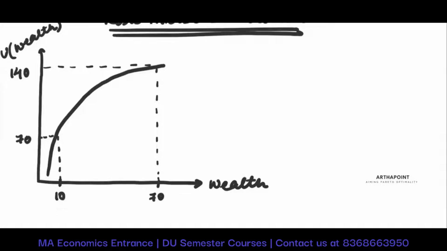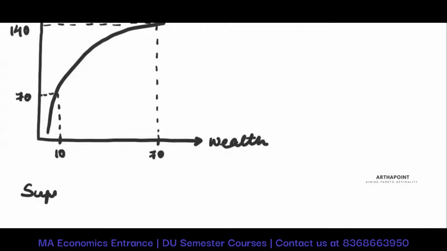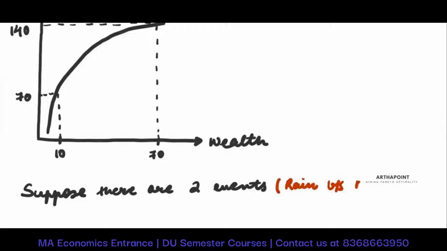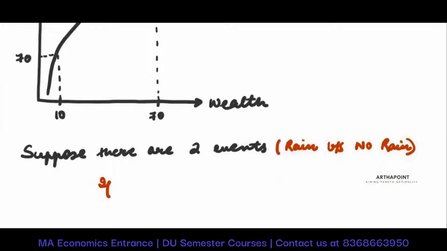Now, supposedly, there are two events. Remember the example that I had given you the last time? The example was related to rain versus no rain. And we had said that if it rains, then it would be a failure because the person will not be able to arrange the event, in which case the wealth of the person will go down to 10.